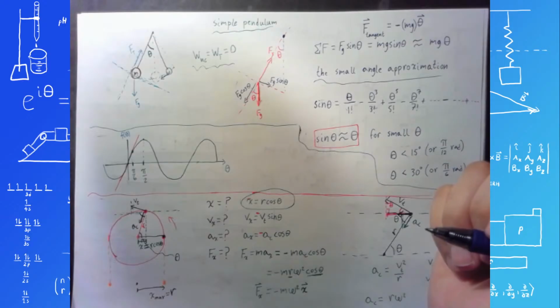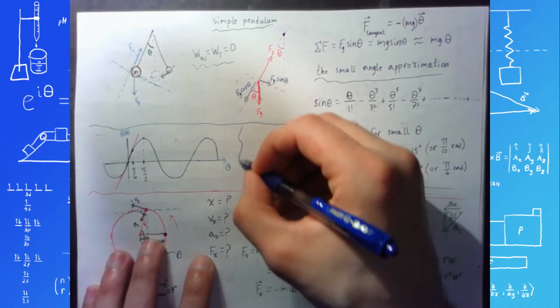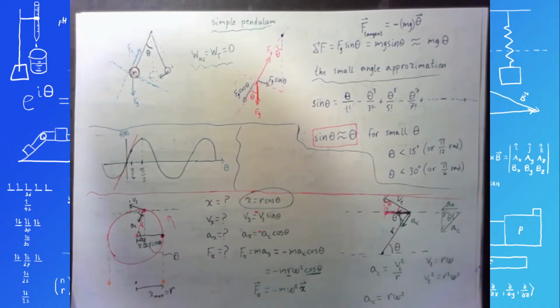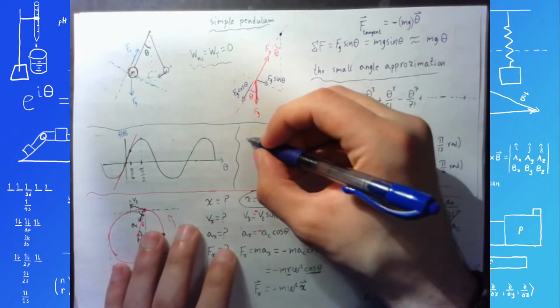So now what I want to do is try and define some concepts that we did look at for uniform circular motion and see if we can use those concepts for simple harmonic motion. The concepts I'm referring to are period and frequency. I think we dealt more with period than frequency, but I'm pretty sure I mentioned frequency at the very least.